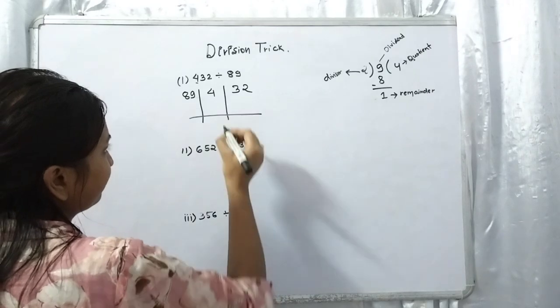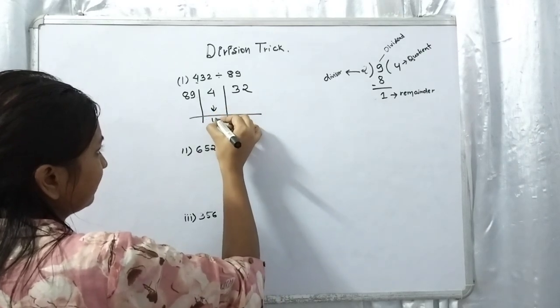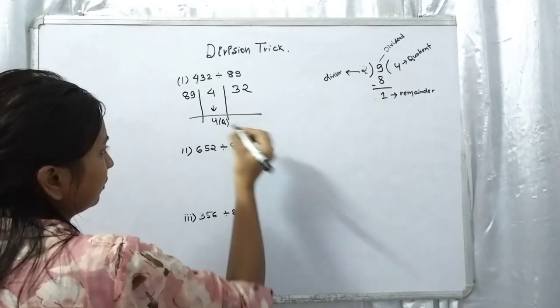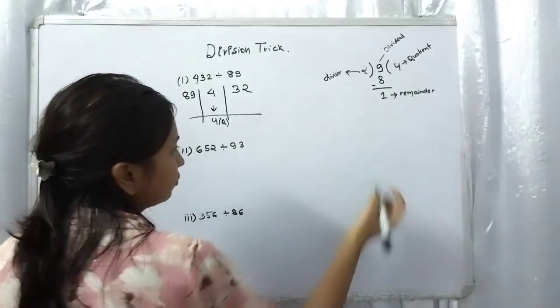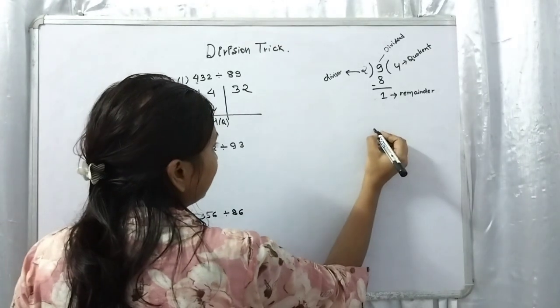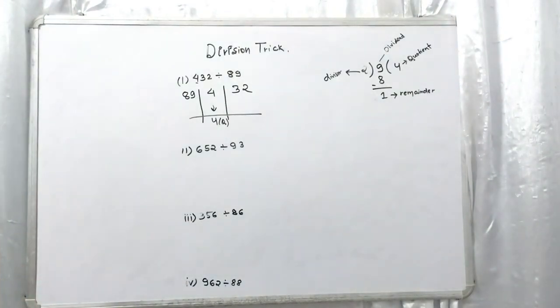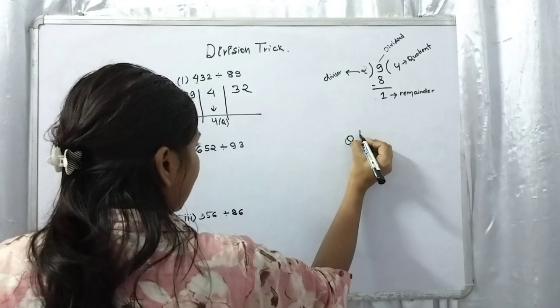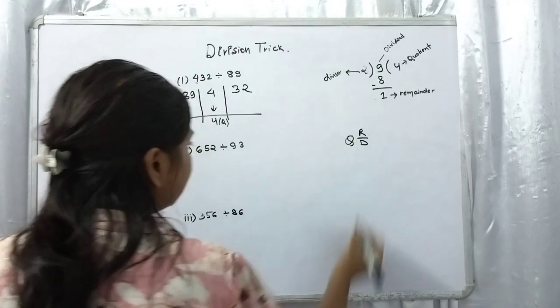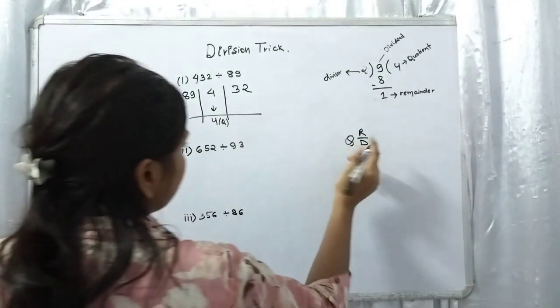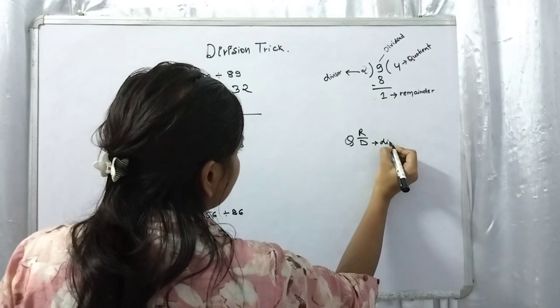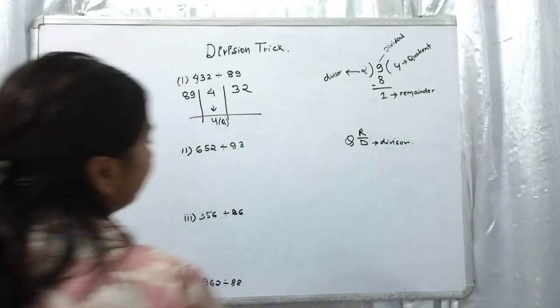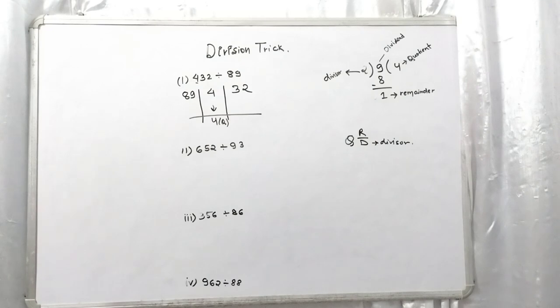Now this 4 will come down. This is your Q. For this trick you need to know that we will be expressing our required answer in the form of Q R by D. Here D is the divisor and not the dividend. So we will express our answer in this way.